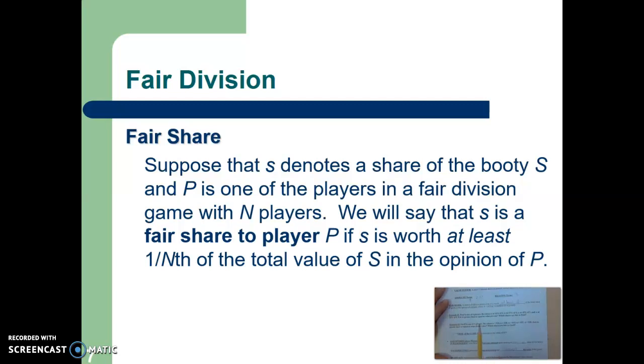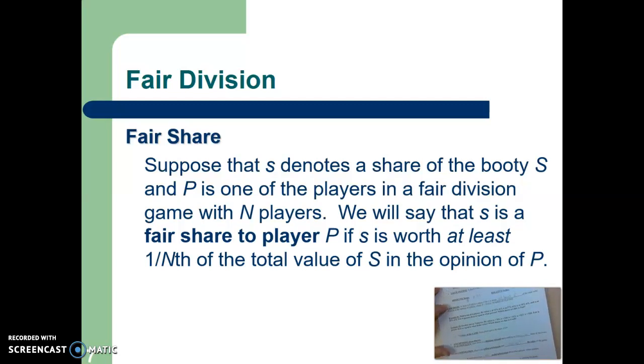So in this example here, we talk about how Paul is one of 4 players. He values S1 at 12% of the total S, S2 at 27% of S, S3 at 18%, and S4 at 43% of S. So fair is getting greater than or equal to what percent?